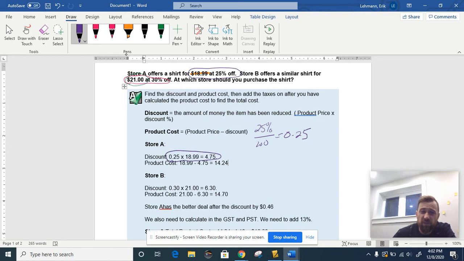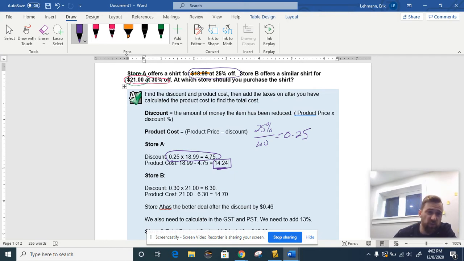So 25% of $18.99 equals $4.75. That means that if you take $18.99 minus $4.75, you get a new price of $14.24. So we take that decimal, multiply it by the price, and then subtract that discount amount from the original price.